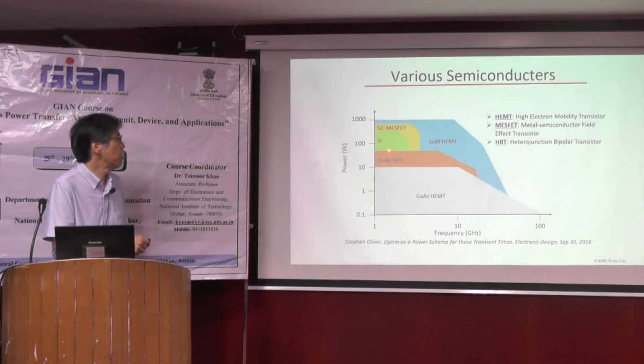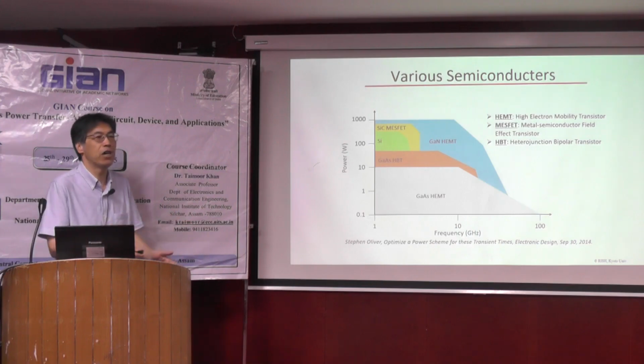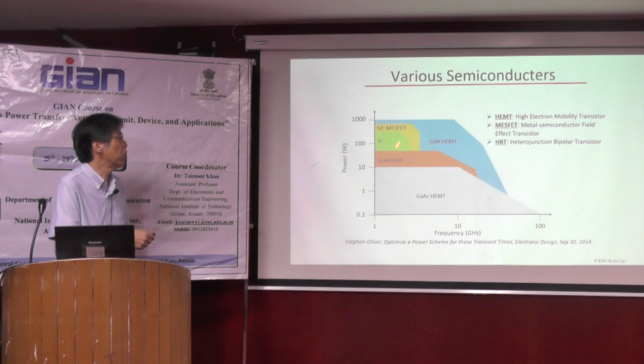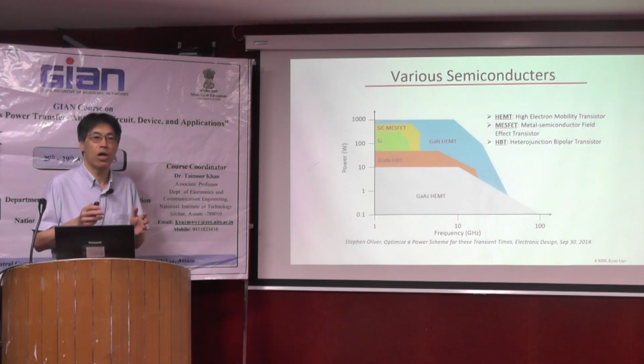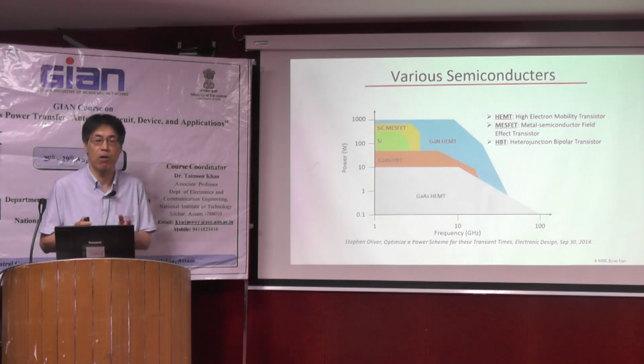But I remember about 30 years ago, silicon could not be applied in the microwave frequency. About 30-40 years ago, silicon could be applied only for megahertz devices. But recently, we can apply the silicon devices not only in microwave frequency, but also millimeter wave application.